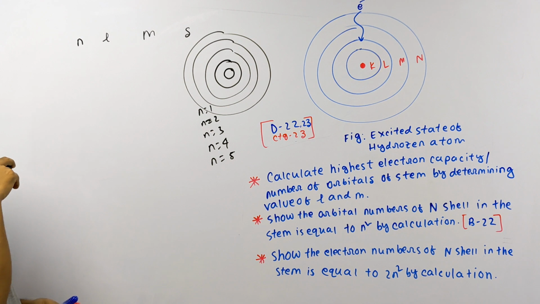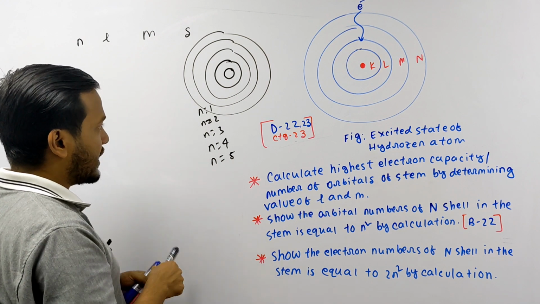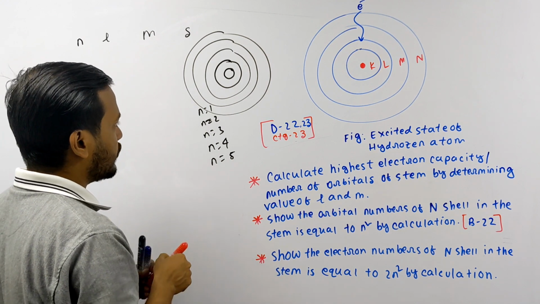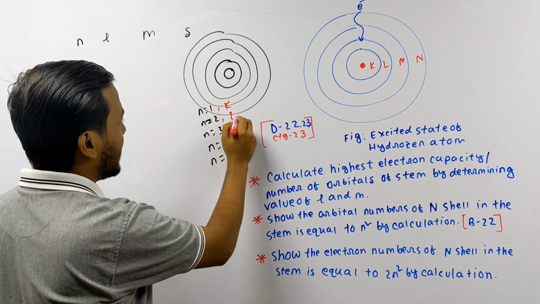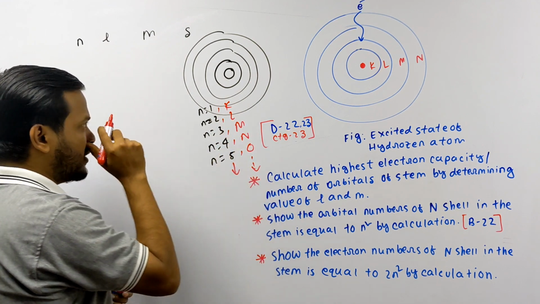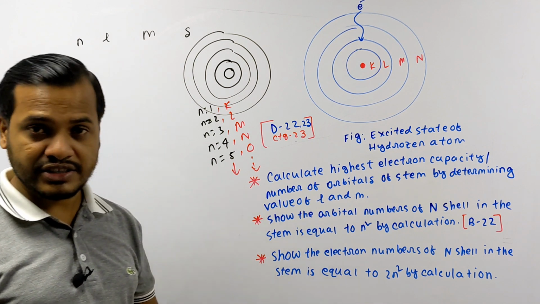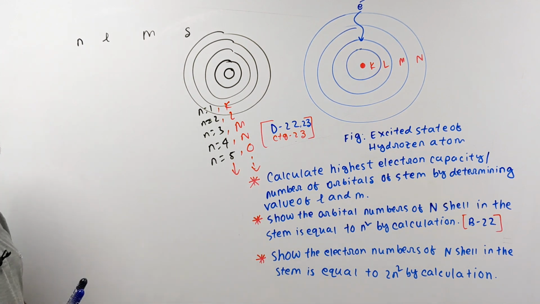So n may be 1, 2, 3, 4, 5, 6 respectively, and they are also denoted by K, L, M, N, O. Here n should be an integer 1, 2, 3, 4, 5, 6, and they indicate the first shell, second shell, third shell, the main energy shell.